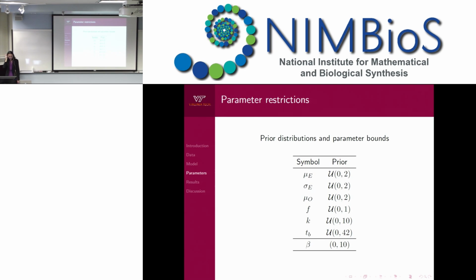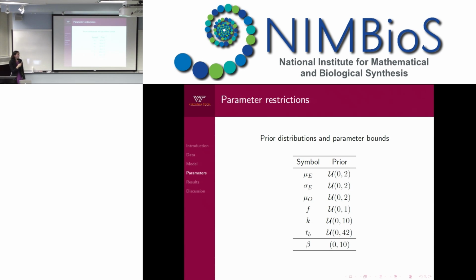So to give you an idea, here are the prior distributions and parameter bounds that we used in our fitting methods. The top 6 parameters here are fit in both our multi-start in MATLAB, which gives that single optimum, and in our MCMC. In the MCMC, we used uniform prior distributions with the bounds that we gave here.